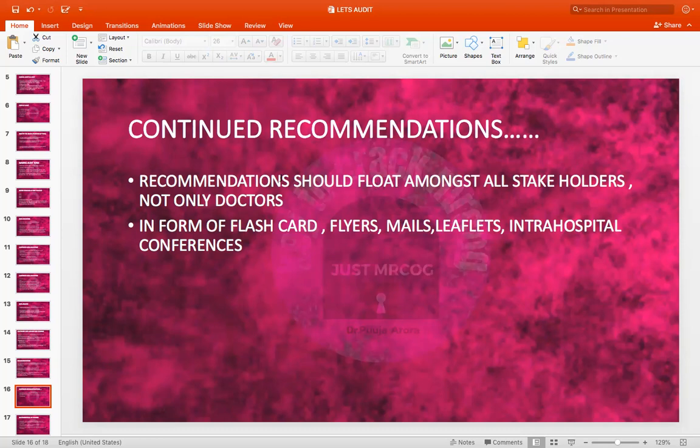So again, this is a buzzword: recommendation should float amongst all stakeholders, not only doctors, like amongst neonatologists, pediatricians, trainees, registrars, midwives, GPs, etc. And in the form of how you are going to float this recommendation: in the form of flashcards, flyers, mails, leaflets, intra-hospital conferences. Simple.